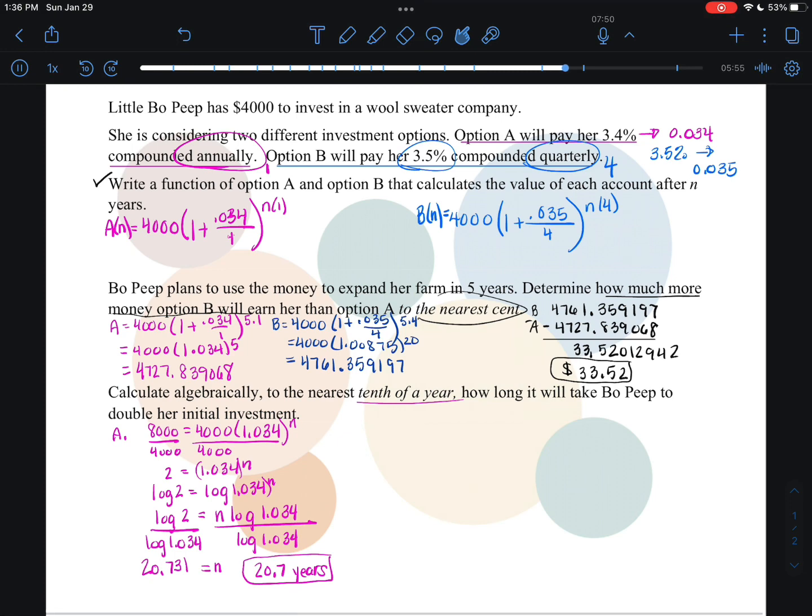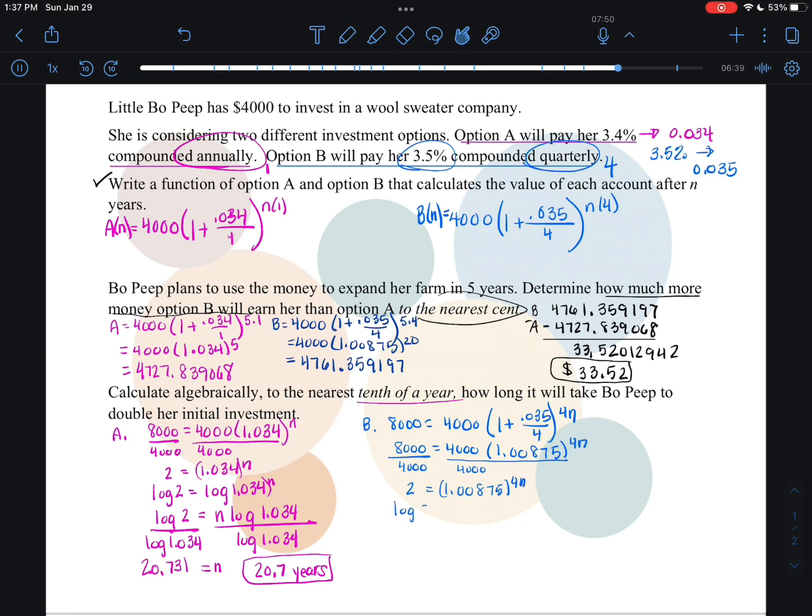For option B, doubling her investment, rewrite this as 1 plus 0.035 over 4 to the 4n. Continuing to simplify a little bit, I'm going to simplify again the part in the parentheses: 1.00875 to the 4n. Divide by 4,000. I get 2 equals 1.00875 to the 4n.